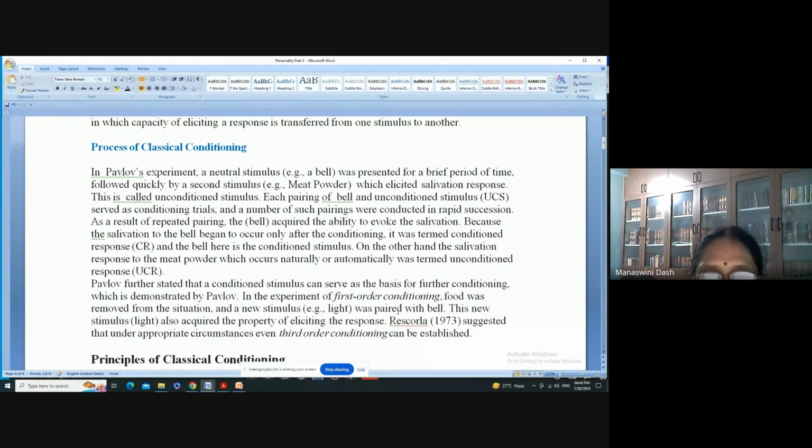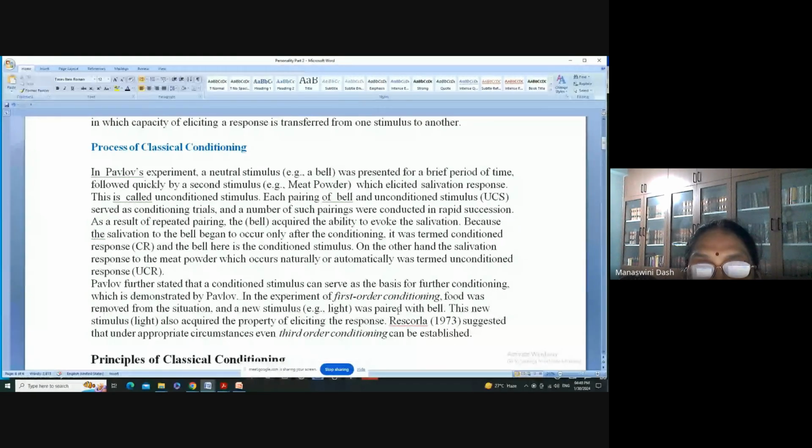Pavlov stated that a conditioned stimulus can serve as the basis for further conditioning, which was also demonstrated by Pavlov. In the experiment, what he did: the bell is ringing. Then, instead of food, a new stimulus, light, is presented.